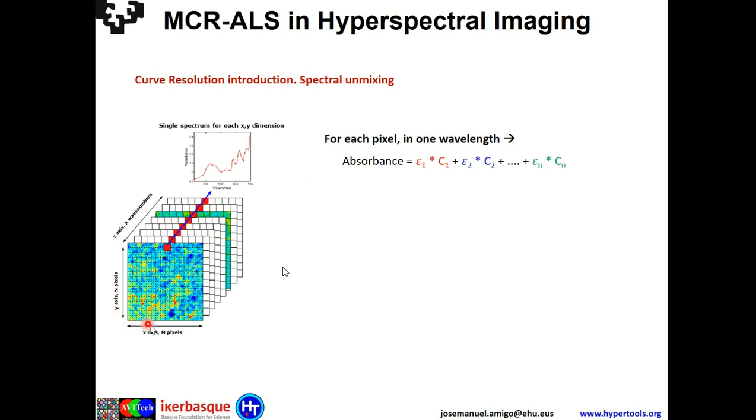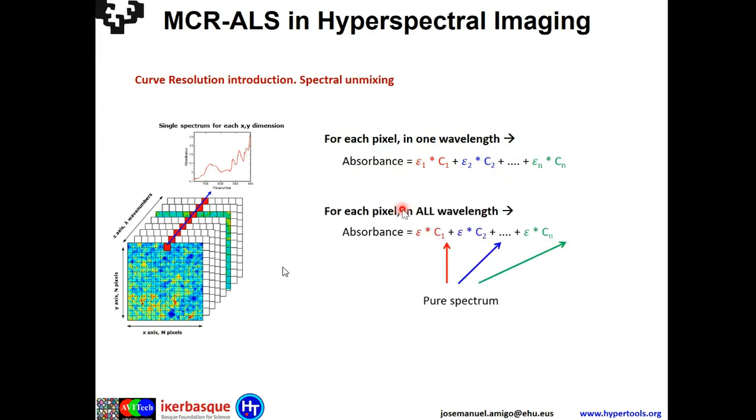That means a spatial representation of a scene in two dimensions in which for each pixel we obtain a spectrum. Okay, so we can say that for each pixel in one wavelength we can postulate the equation that we already know.